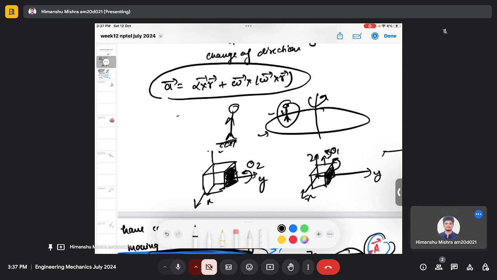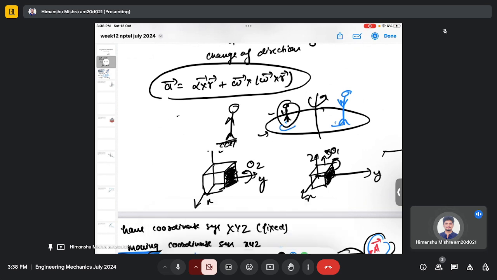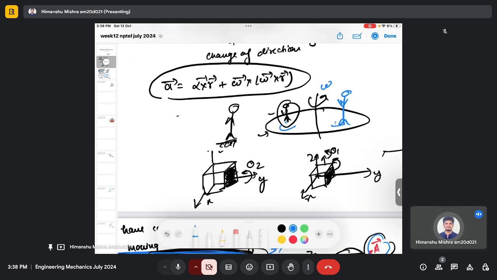But if you now stand on this disk, then you and your friend are not moving. You are just standing on the disk which is rotating with some angular velocity, and you can see that your friend is stationary, you yourself and your friend both are stationary. But if you come out of this disk and now observe your friend, then you can see he's changing direction, right?